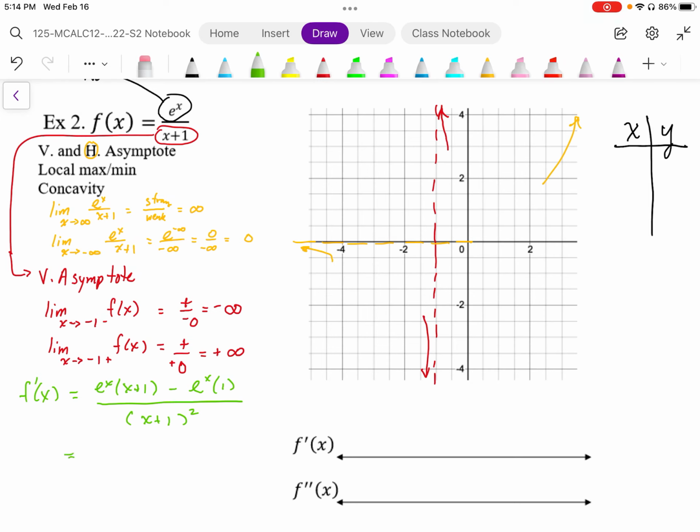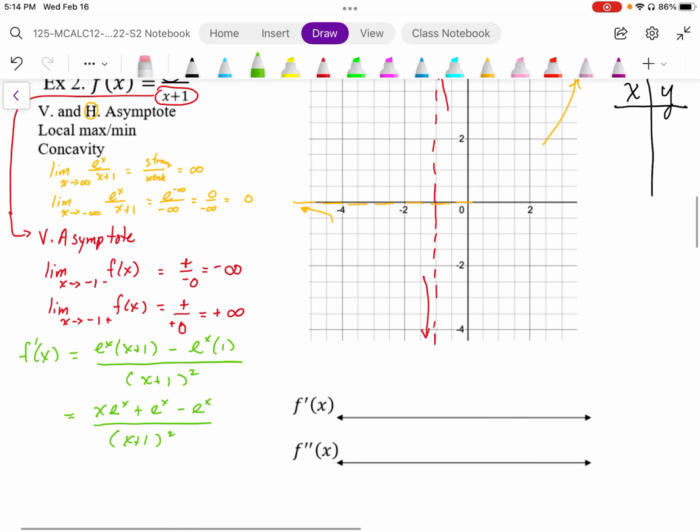We can simplify this. We end up with x e to the x plus e to the x minus e to the x. Those e to the x's cancel out, and we end up with x plus 1 all squared. So this works out to be x e to the x all over x plus 1 all squared.